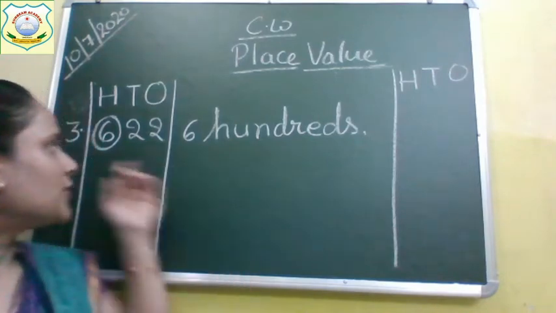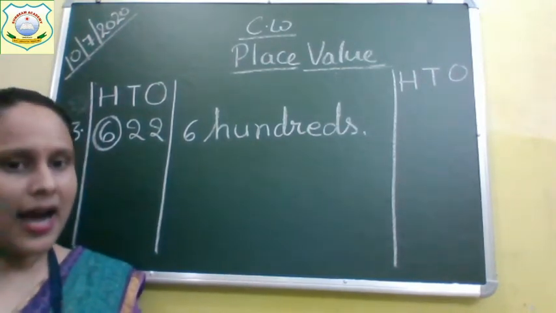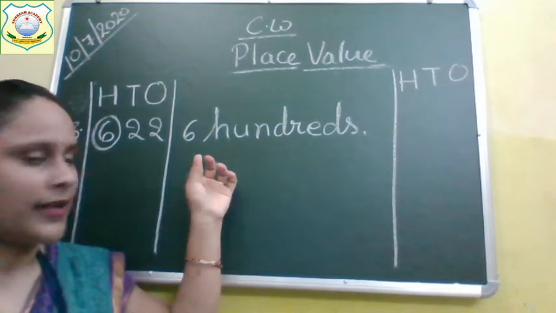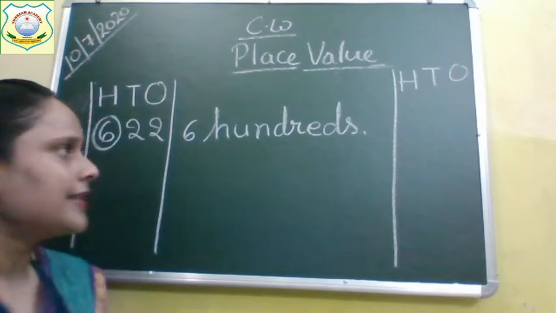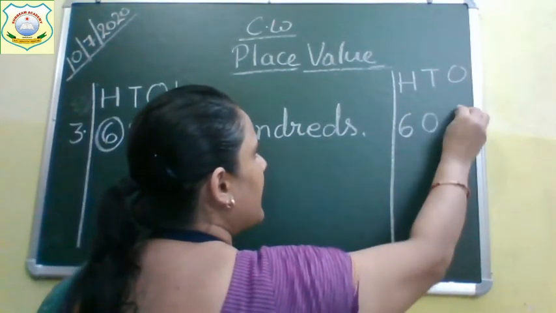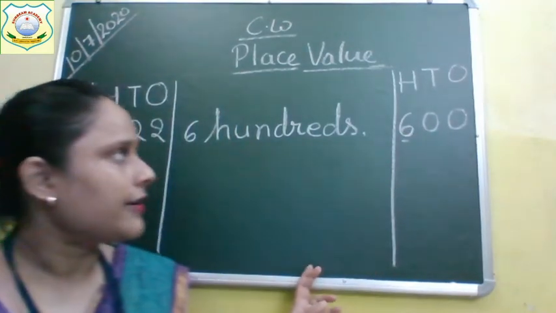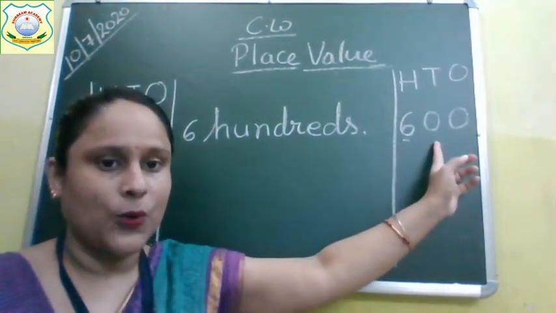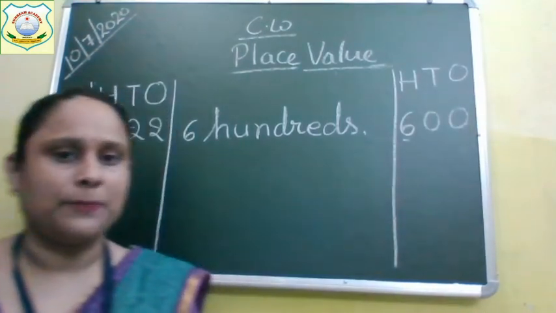Okay? So 6 is the circle number and 6 is in the hundreds place. So what is the place value of 6? 6 hundreds or 600, where 6 will be written in the hundreds place, 0 at the tens place and this 0 in the ones place.